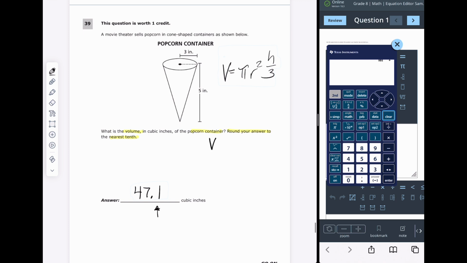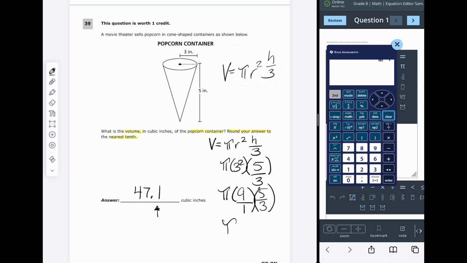So now I'm just going to substitute those values. We know the radius is 3, so pi times 3 squared times 5 over 3. And so I have pi times 9. I'm going to put 9 over 1 times 5 over 3.